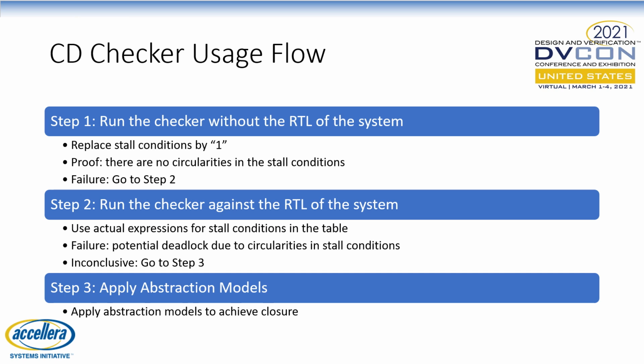Now, since the RTL of the system can be very large, it is likely that we cannot work through the failures. We will achieve an inconclusive result. At this point, we would move to the third step and apply abstraction models to reduce complexity and achieve closure with formal analysis on the circular dependency checker.